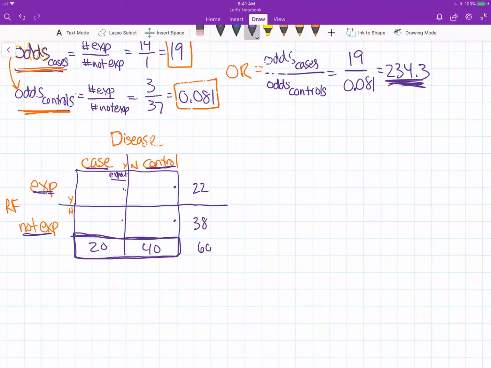Now, if exposure to this risk factor is not related to being a case or not, then we would expect it to be all balanced.